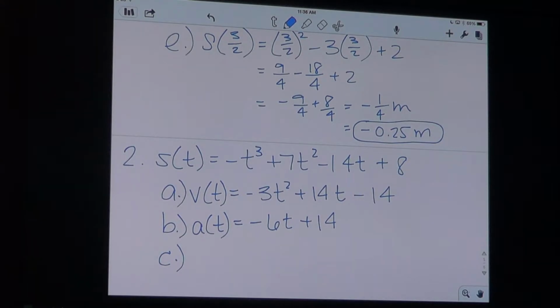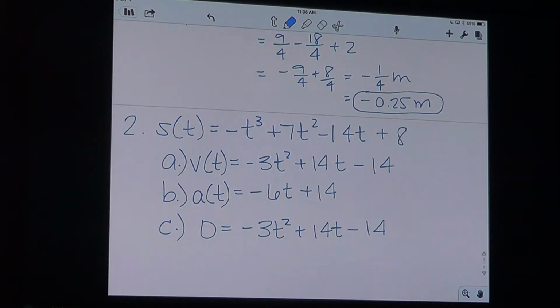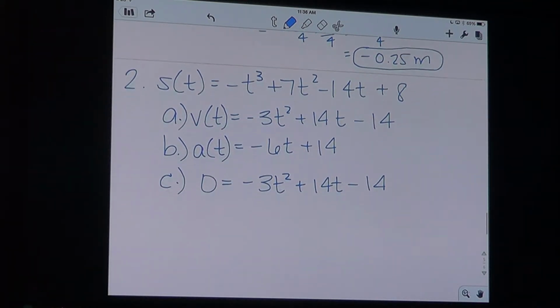Right. So we will set the velocity function equal to 0. You're going to have to use the quadratic formula for that.